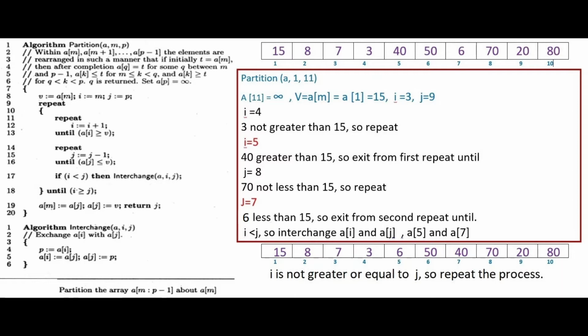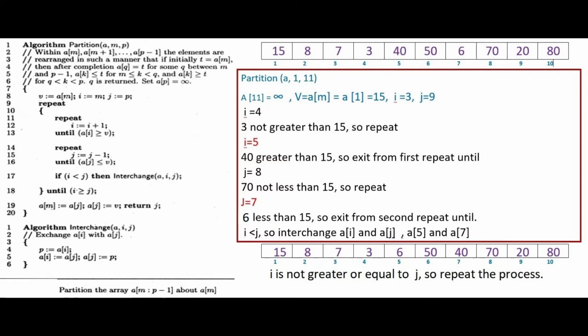I is equal to I plus 1. I is equal to 4. A of 4, that is 3. 3 is not greater than 15. So repeat the process. I is equal to 5.